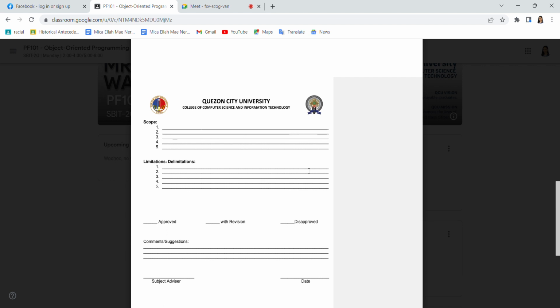So, ibig sabihin, based on your investigation later on, kasama po yun sa planning nyo, yung sa investigation nyo, kasama po yun na you're going to outline all the necessary requirements as well as the possible problem encountered by the system or possible part of the system that need enhancement or innovation or possible part of adaptation of technology or IT on the part of the system.